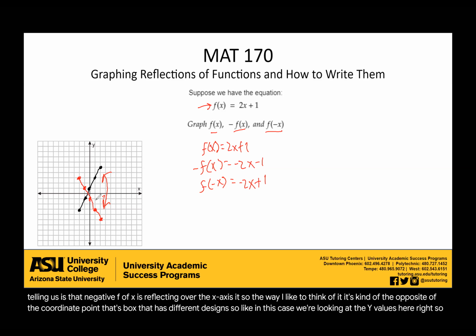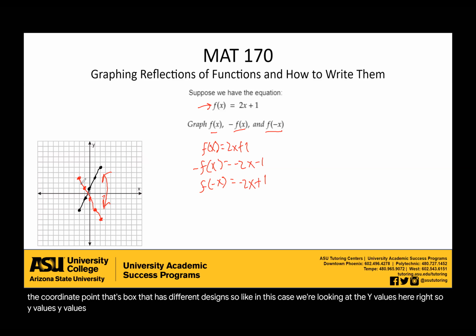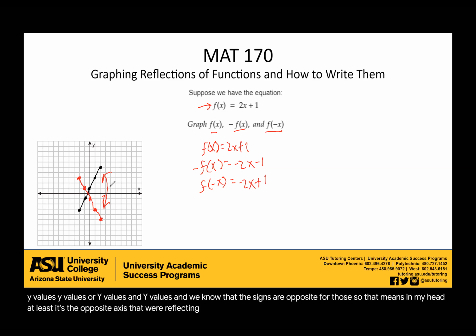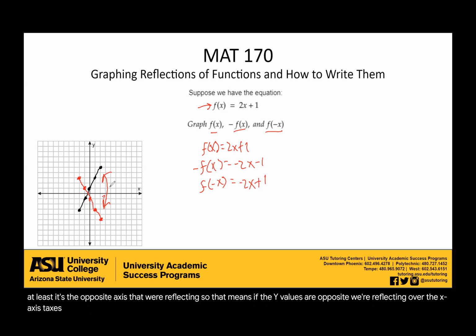So y values, y values, y values, and y values, and we know that the signs are opposite for those. So in my head at least, it's the opposite axis that we're reflecting. That means if the y values are opposite, we're reflecting over the x-axis.